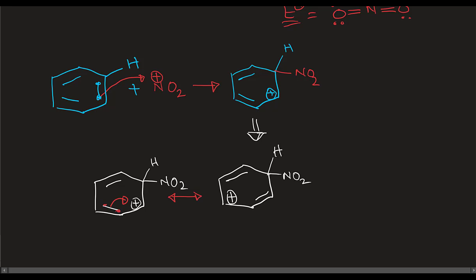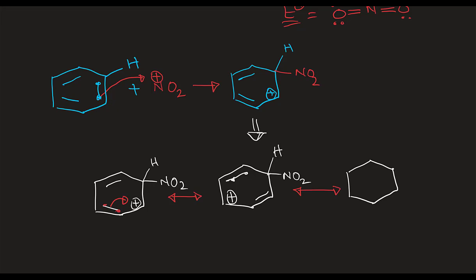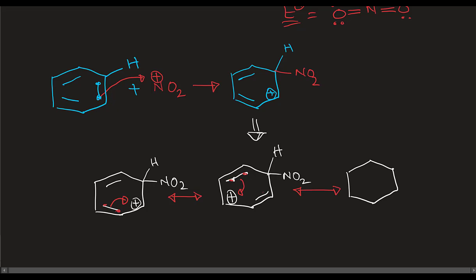Now we can move in the same direction again. So you try to move, always keeping the older ones as they are, right? So this pair of electrons moved onto the positive. So the positive moves onto the top of the benzene, and then these 2 pi bonds appear.